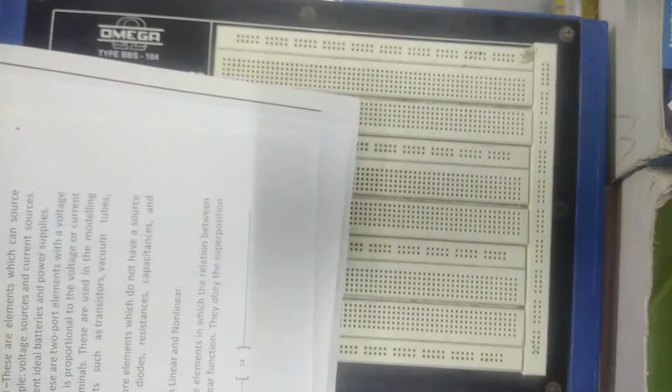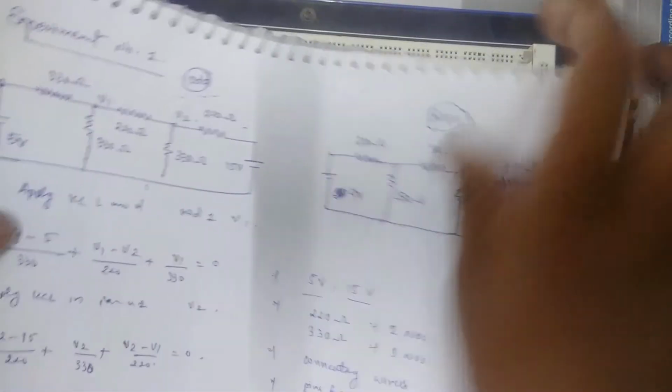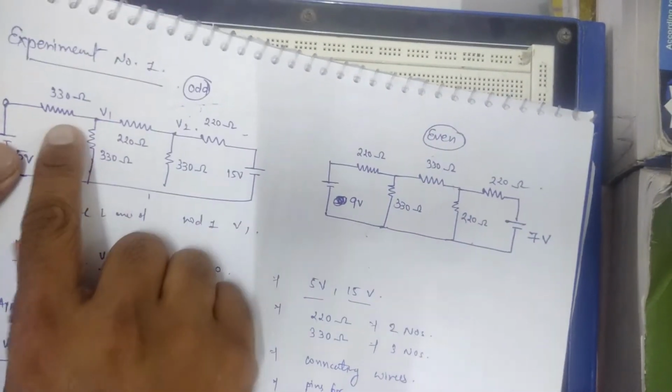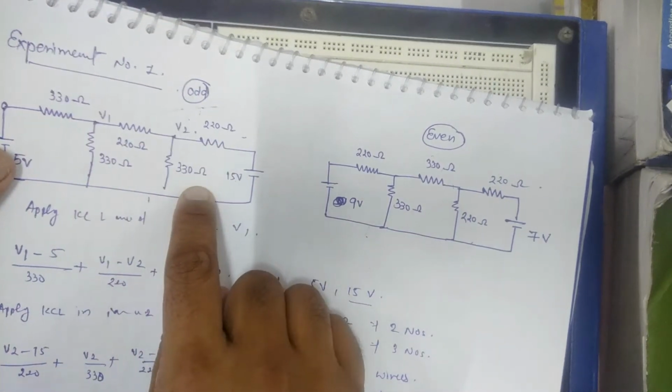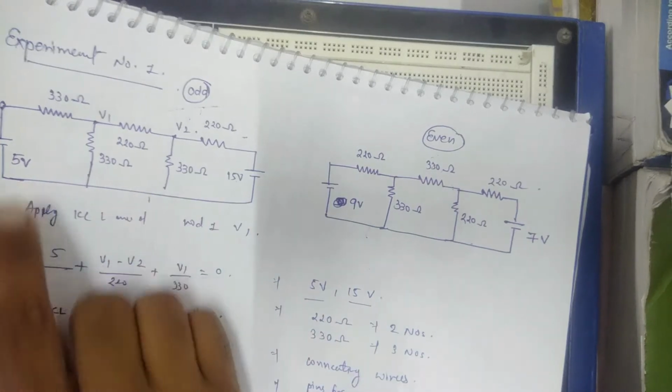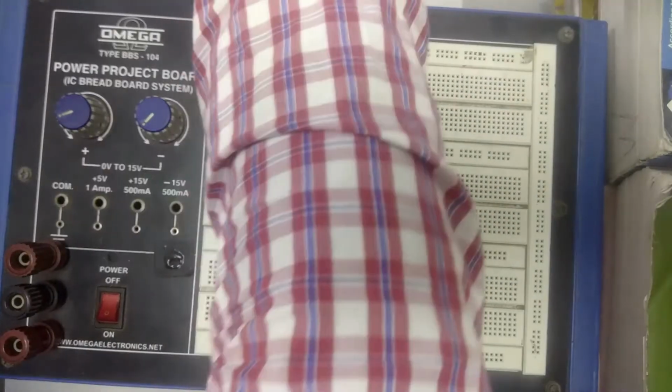So where is our main circuit? Our main circuit has 330 ohm, 220, 330, 220, and 330, and 15 ohm and 5 ohm. So first I have to take this 330 ohm resistor.